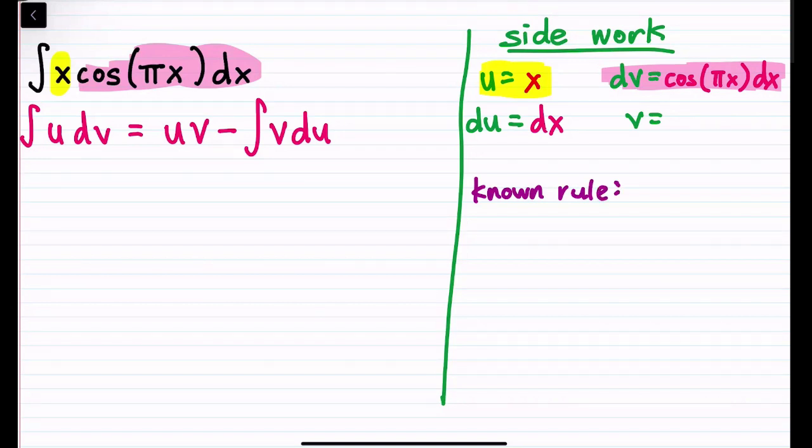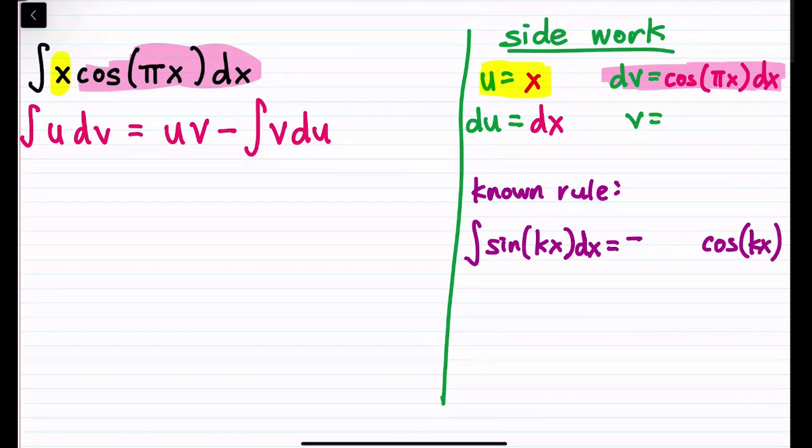The known rule for cosine and sine states that if you take the integral of sine of some constant, we'll call that k, sine of kx, we know that the integral of a sine function is negative cosine. This time it is cosine of kx, and we're going to include a new constant, which is 1 over k.